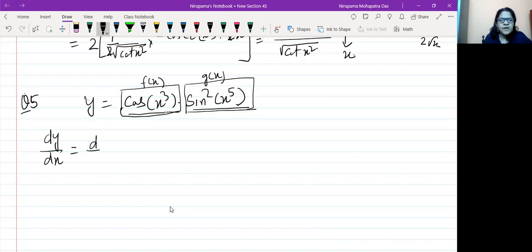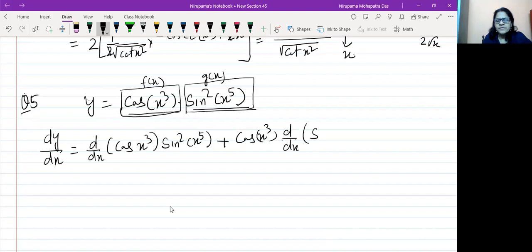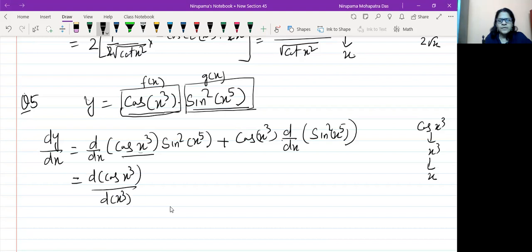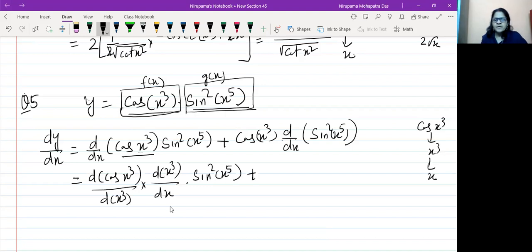So here we can write d by dx of cos x cube into sin square x to the power 5, plus cos x cube into d by dx of sin square x to the power 5. This is the basic step.